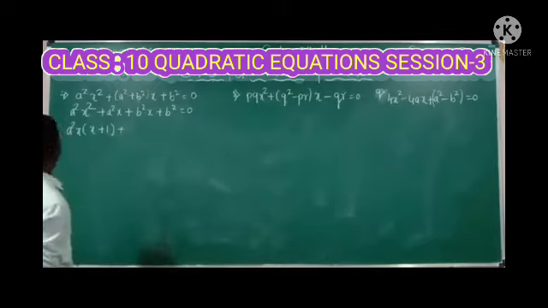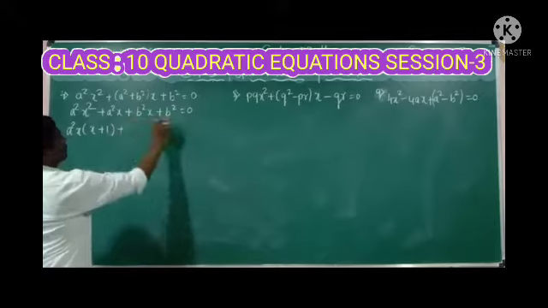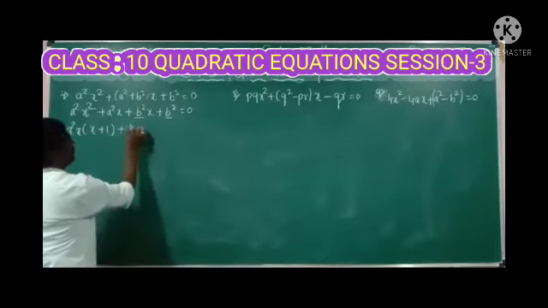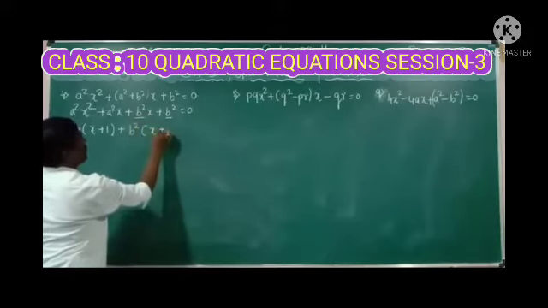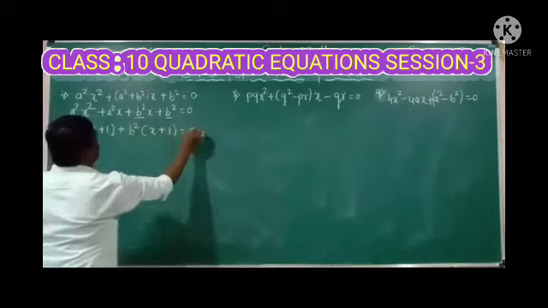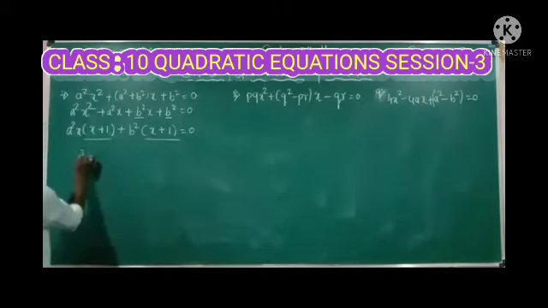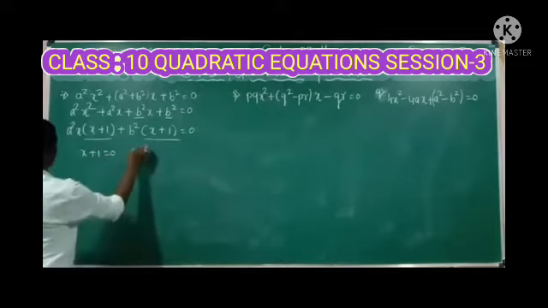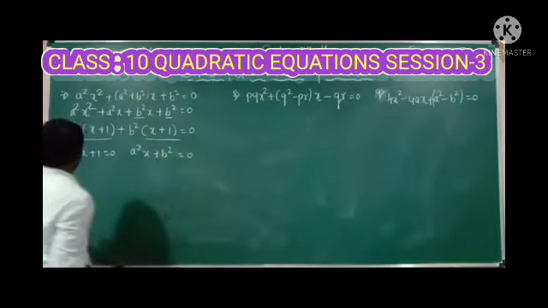Plus, in the last two terms, what we have to take common, b square. So b square is common, means x plus 1 is equal to 0. Again here x plus 1 and x plus 1 are the common terms, so x plus 1 is equal to 0, a square x plus b square is equal to 0.